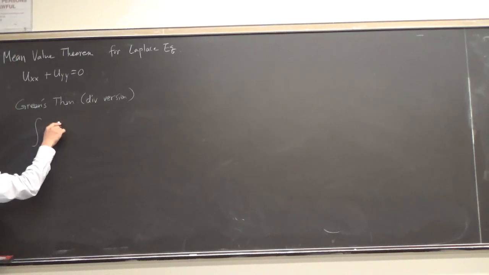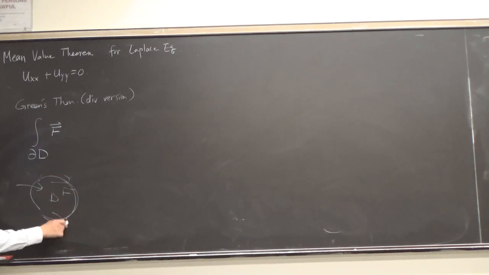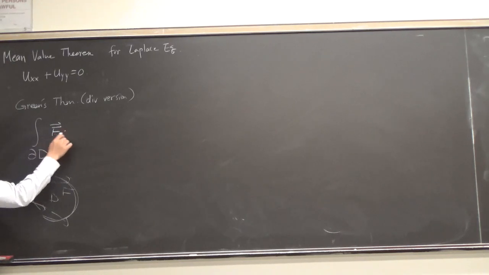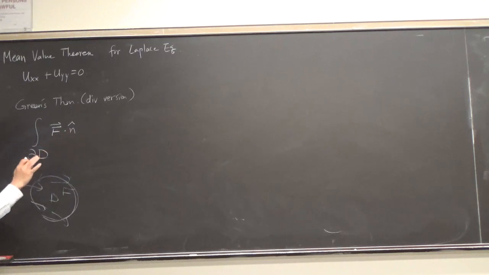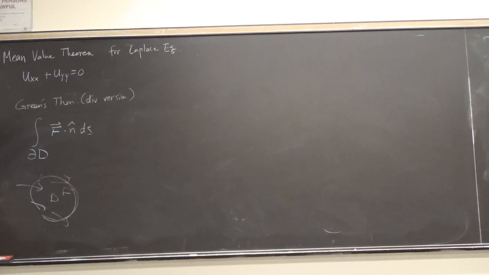then the flux around a domain D, so if you have a domain D and some vector field F, the total amount of flux of the vector field over this domain is calculated by taking F dot n, where n is the outward normal vector, and you add them up going around the boundary, which tells you whether the vector is escaping or going in.